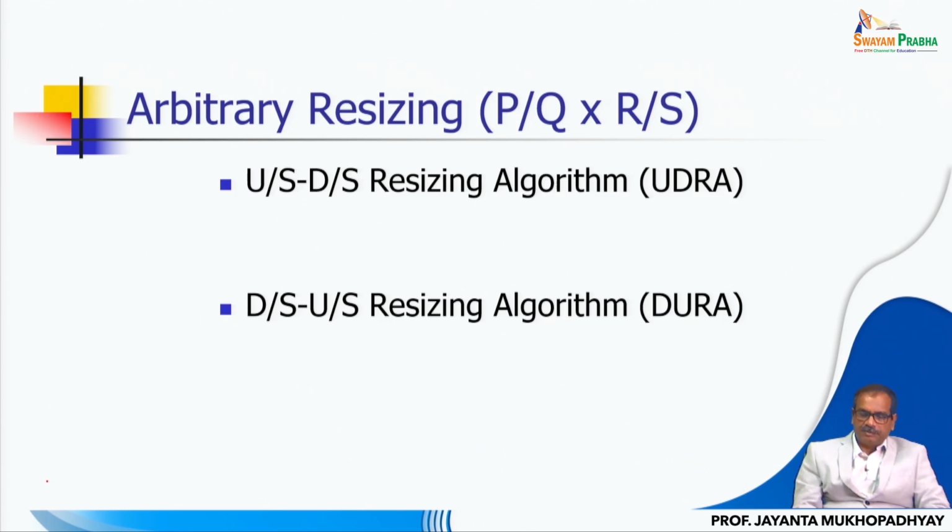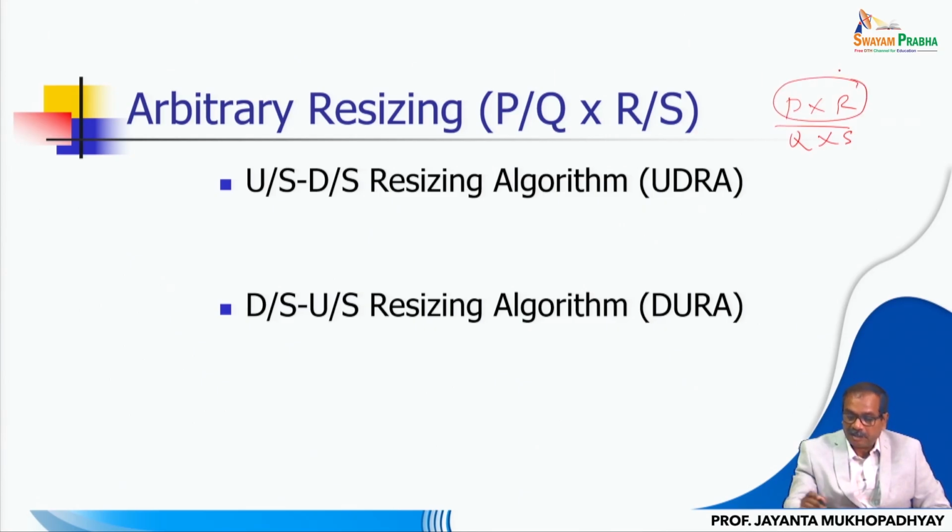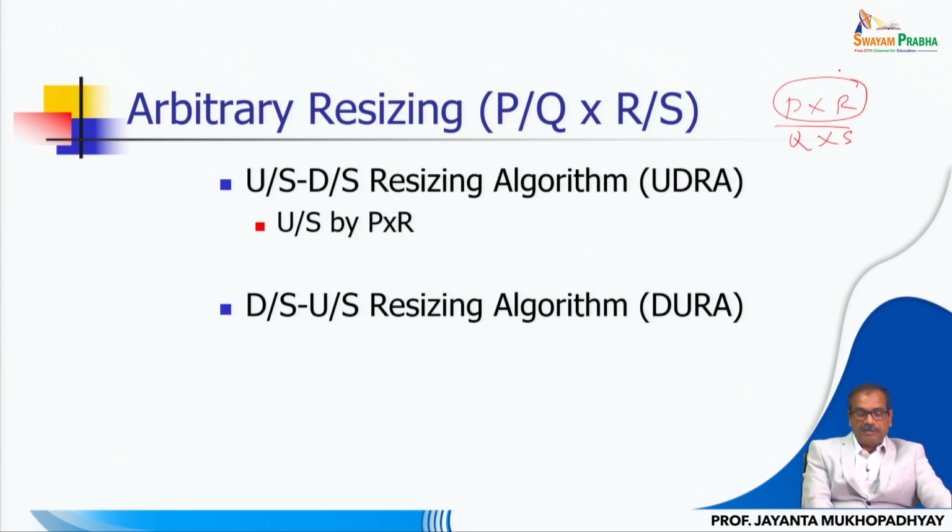So this P by Q, R by S can be written in this form, say P cross R by Q cross S. So first I will upsample using the P cross R factor, as you have done, and then you downsample by the Q cross S factor. So this is what you do, upsample by P cross R and downsample by Q cross S.